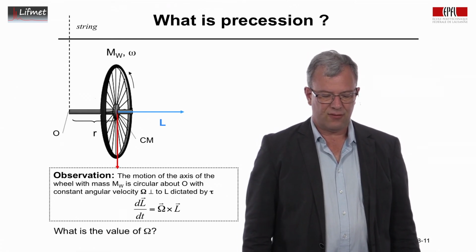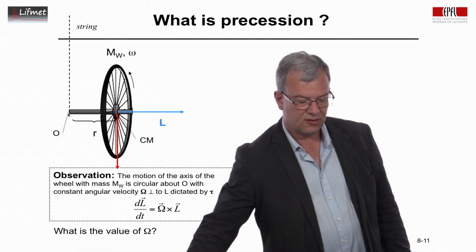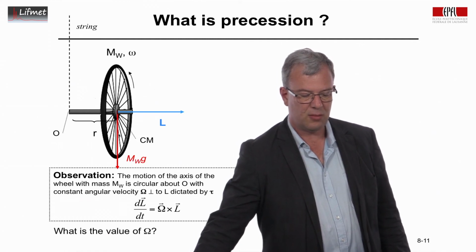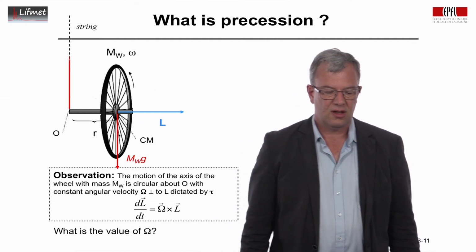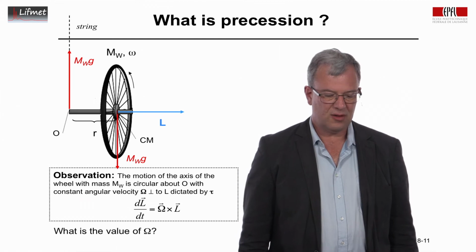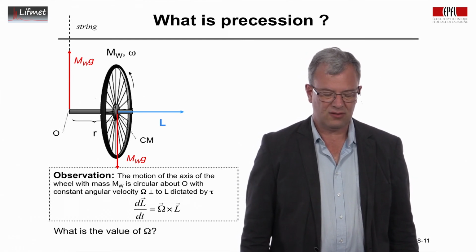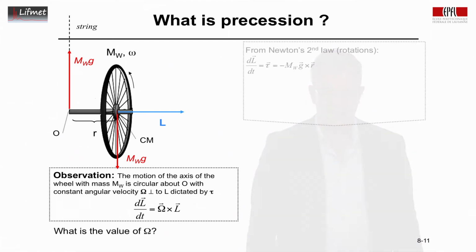So we have our angular momentum. Our center of mass is a distance r away from the suspension point. We have the mass here, that's one force. The wheel does not fall as we've seen in the experiment, so we have the string tension, which is the same as the weight of the wheel upwards. Now we can calculate the derivative of the angular momentum, which is equal to the torque. We have only one torque that acts on here.